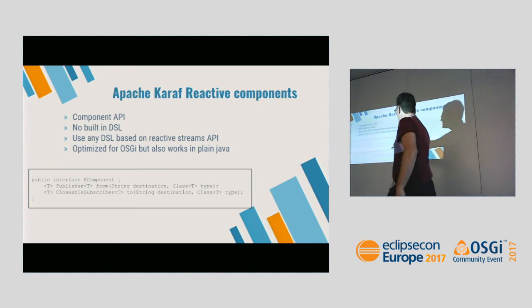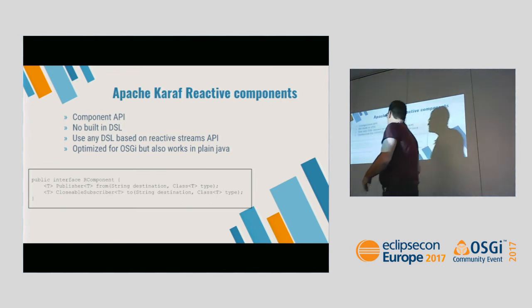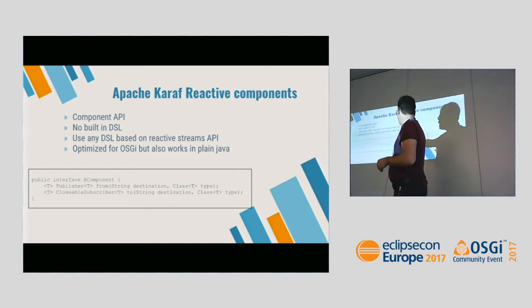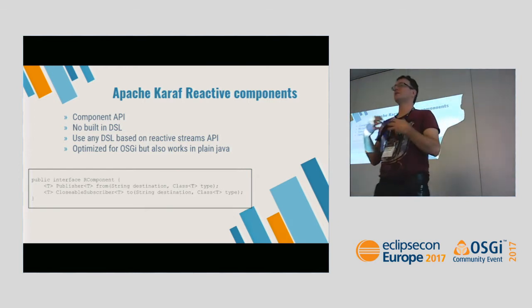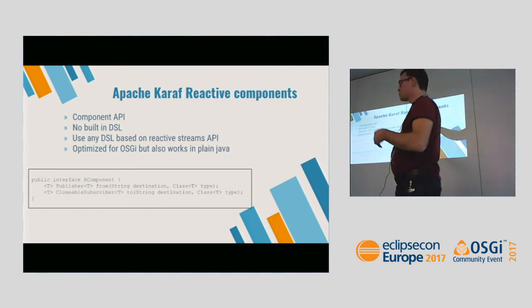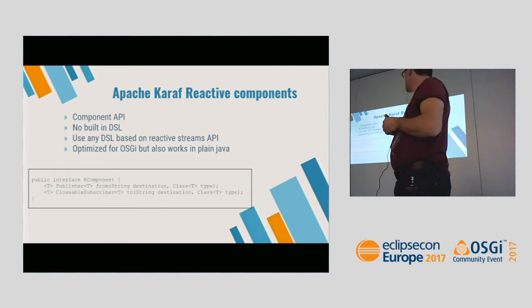You can say which destination to listen on, and you can also specify what kind of type you expect from the events. So there should be some conversion between what comes in and the type you expect to come out of it.